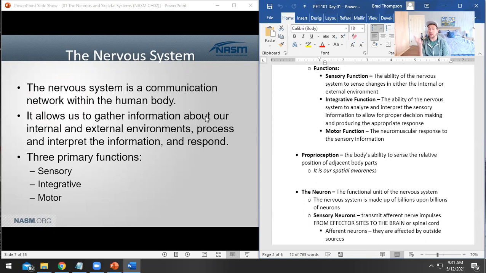None of us in here can go and squeeze our stomach or anything like that. And when I say stomach, I mean the organ, not your core. We can't really effectively do that consciously. But there is sensory information happening. Your brain is interpreting that information, and then it's executing the appropriate response.